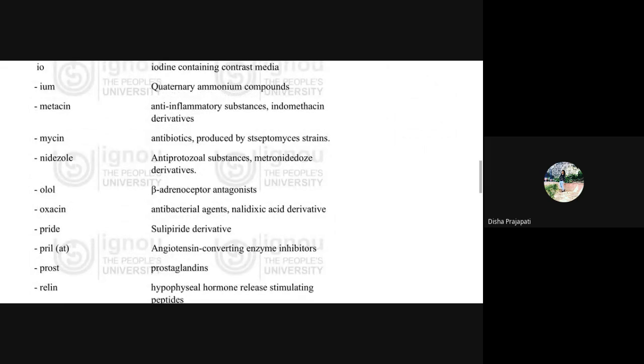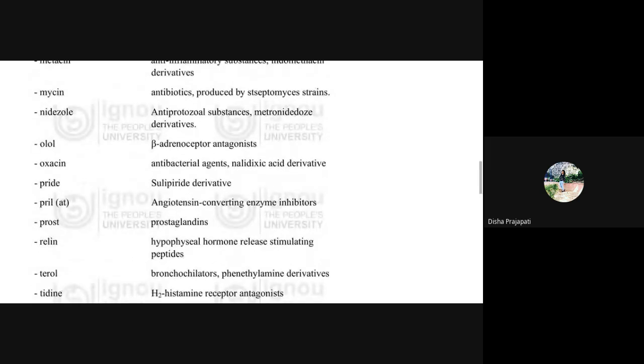Olol is beta-adrenoreceptor antagonists. Oxacin is antibacterial agents such as nalidixic acid derivatives. Pride is sulpiride derivatives. Pril or prat is angiotensin converting enzyme inhibitors. Prost is prostaglandins.